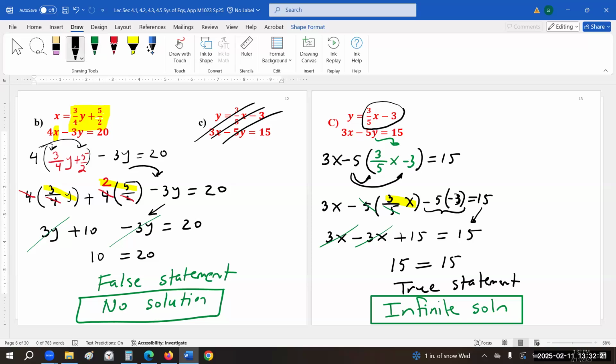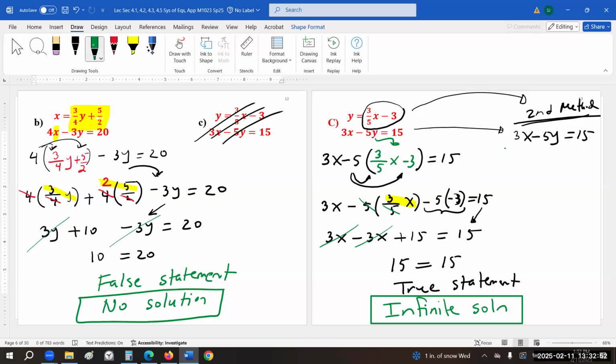Now, what Daniel did was this. Second method. Since the first equation has already y equals something, let's solve for y in the second equation. 3x minus 5y is 15. If you solve for y, you subtract 3x from both sides.